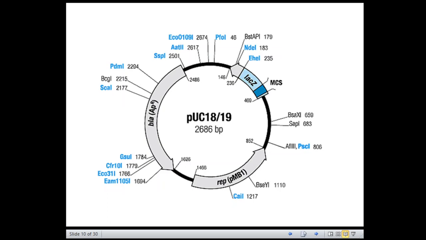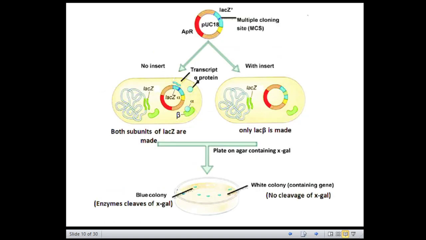Now the functional enzyme is able to hydrolyze a colorless substance. We call it as XGAL, that is 5-bromo 4-chloroindole 3-beta-galactopyranoside.